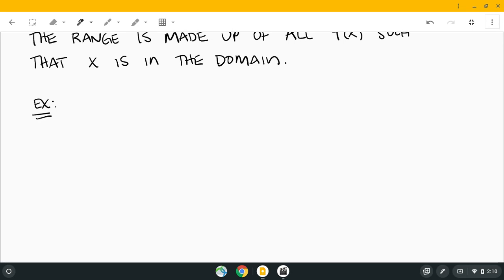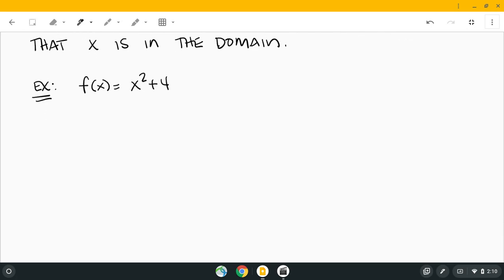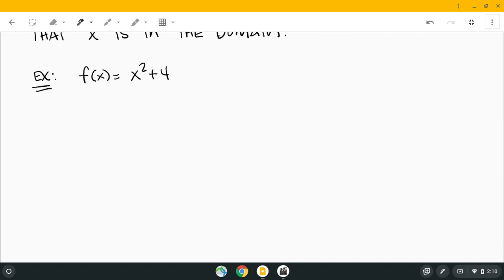and range are. Okay, suppose that I have this function, f of x is equal to x squared plus 4. Here, for the domain, I don't have any restrictions. We'll go over the restrictions in a minute. So the domain here is all real numbers. We don't have anything that says x can't be this or x can't be that.